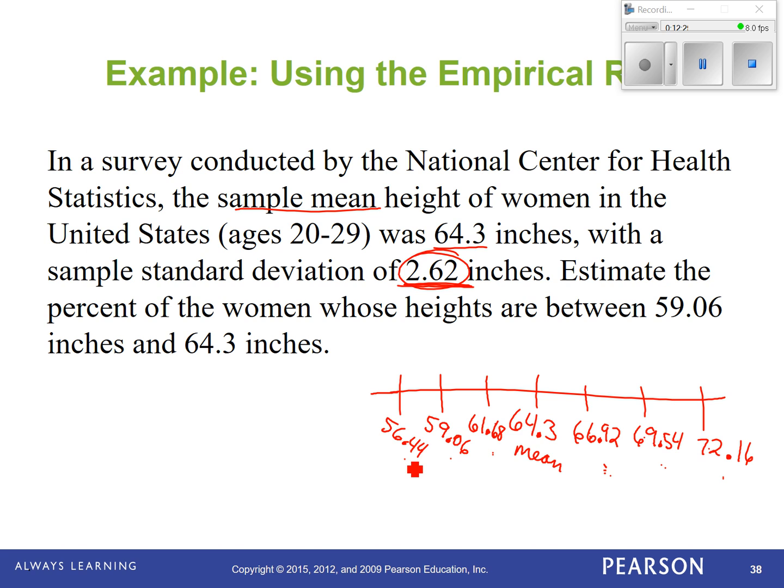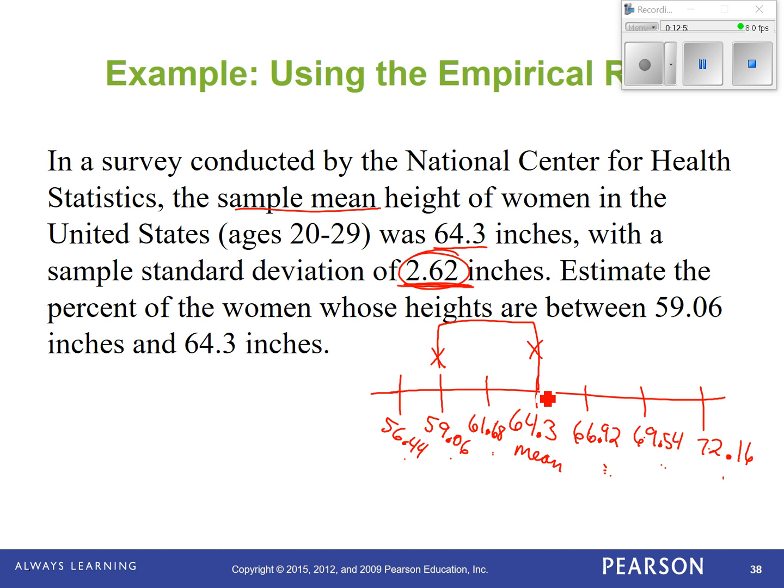And remember, these are estimates, so we're estimating about how many women should fall in this certain range that they want here. Well, they want us to go from 59.06, which is right here, to 64.3, which is right here. That's the mean. So we're going from here to there.